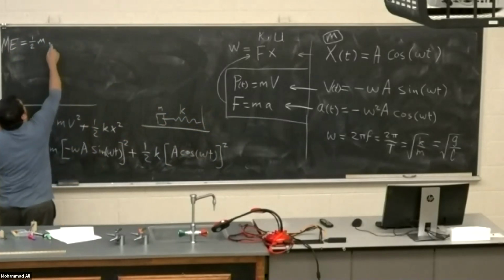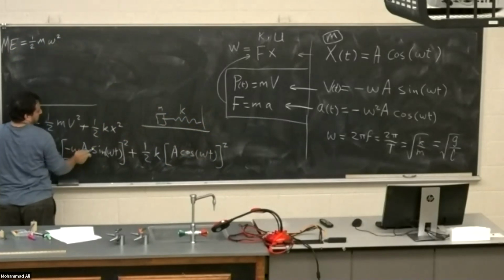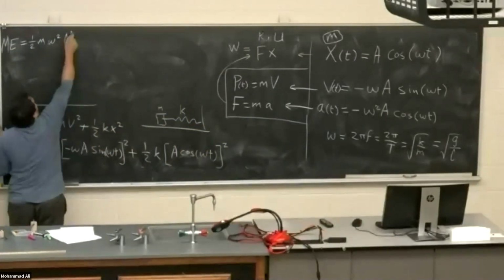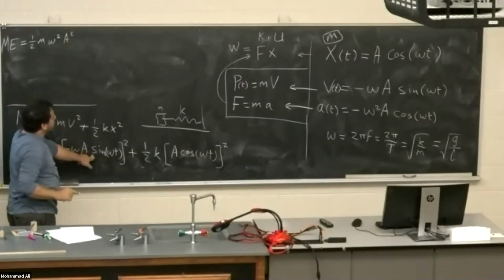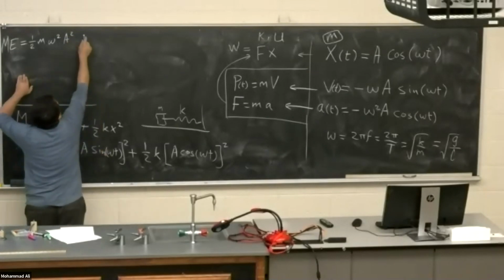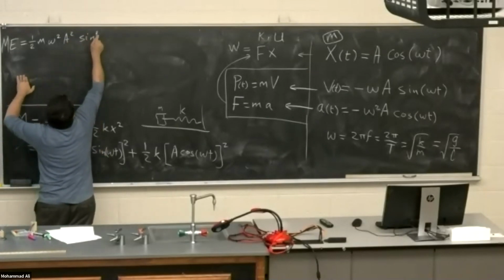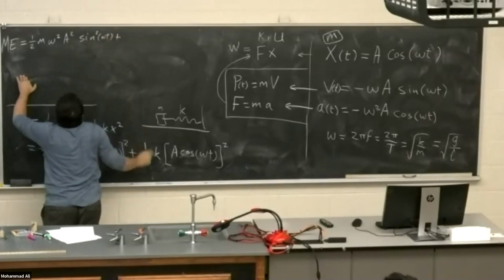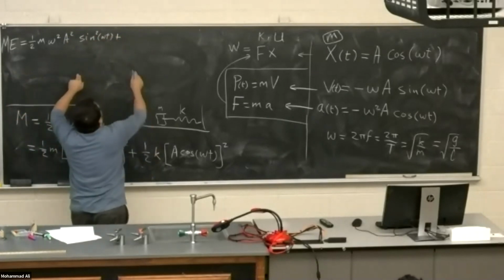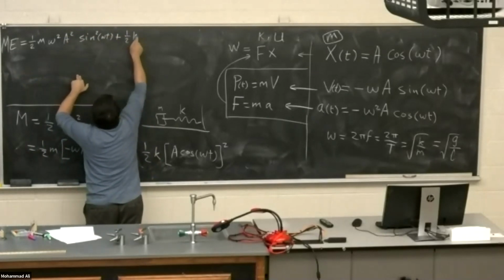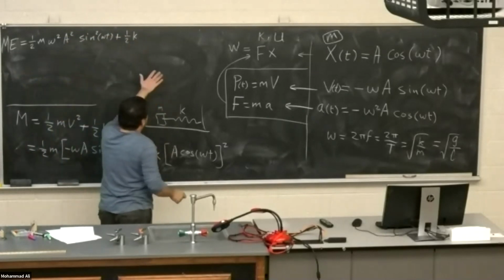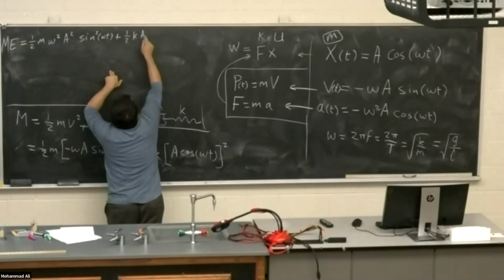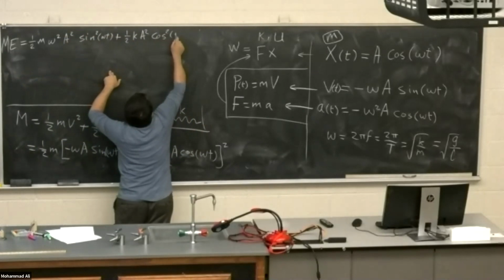Omega squared, it is omega squared. A squared, it is A squared. Sine squared something, it is sine squared omega t, plus 1/2 k A squared cosine squared omega t.